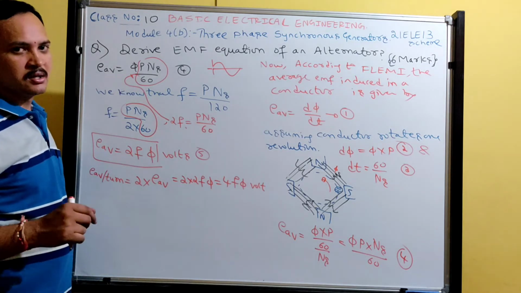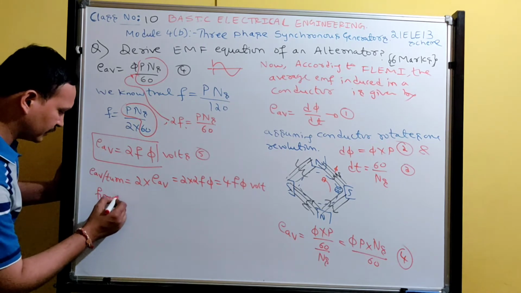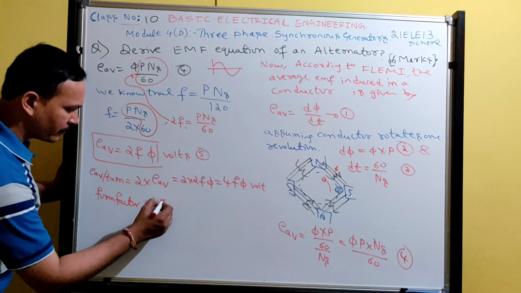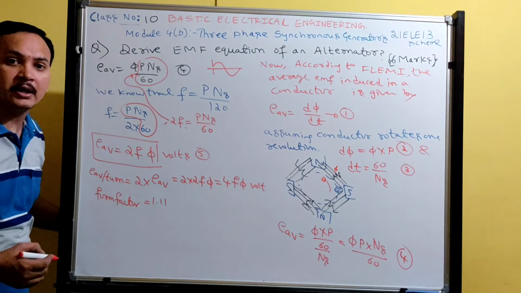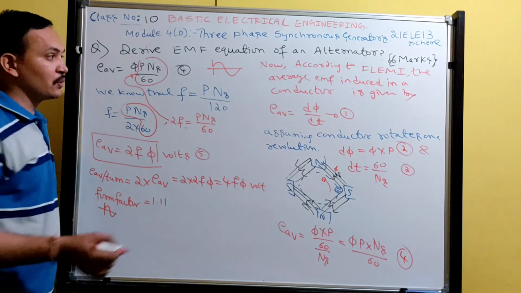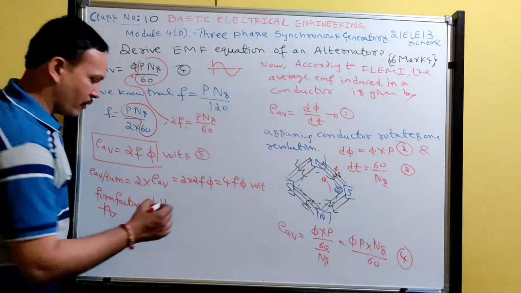The form factor. What is the value of form factor? 1.11. Why have I taken 1.11? Assuming the induced voltage in the alternator is a pure sine wave, the form factor will be 1.11.